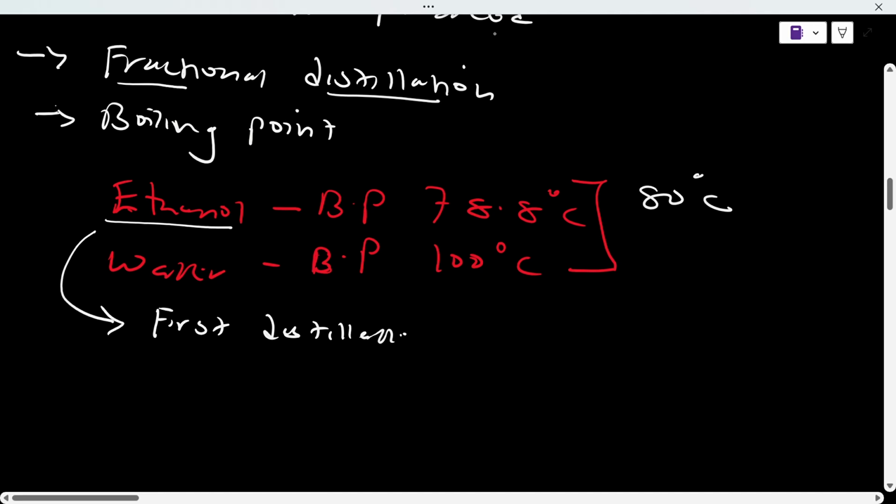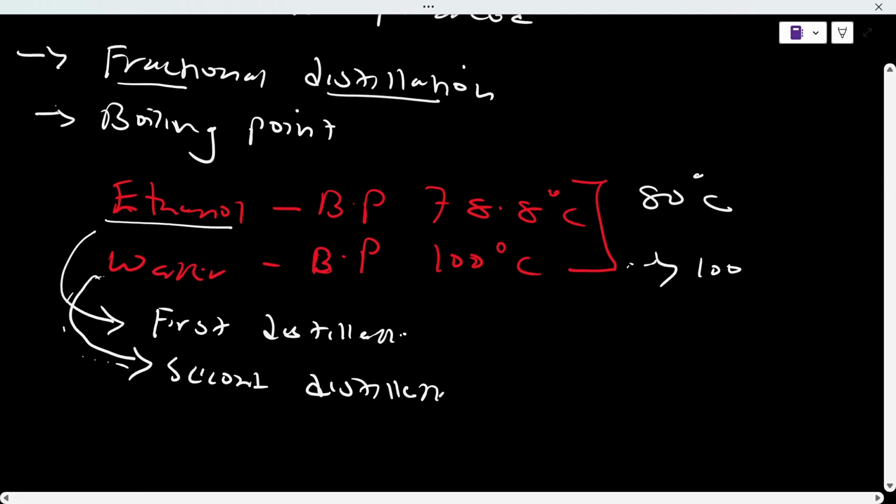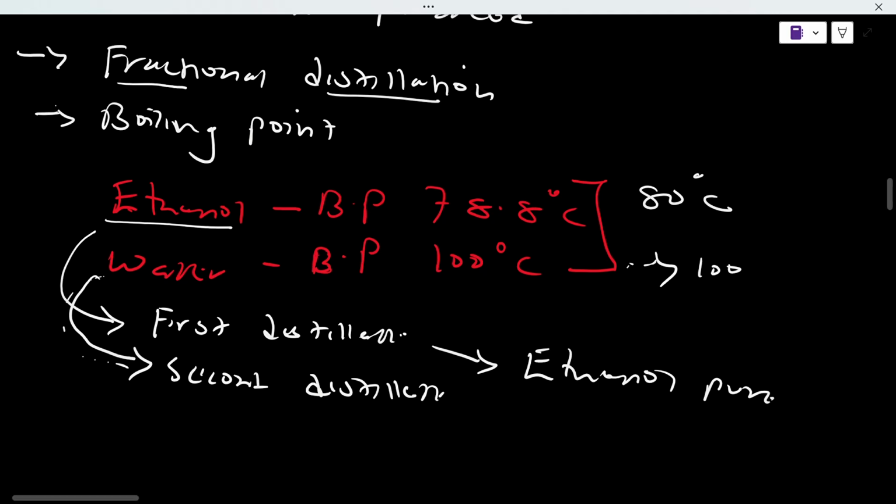Then, as the temperature rises again to about 100, the next distillate that is going to be collected is going to be purely water as the second distillate. Then through that, we can make our ethanol pure or more concentrated, and hence can be used in other areas in life.